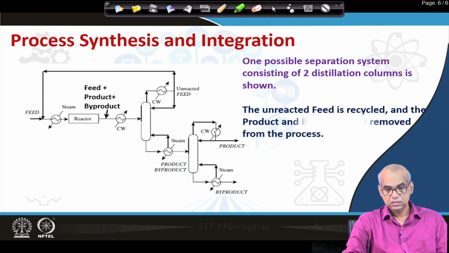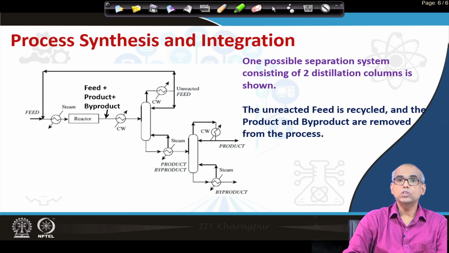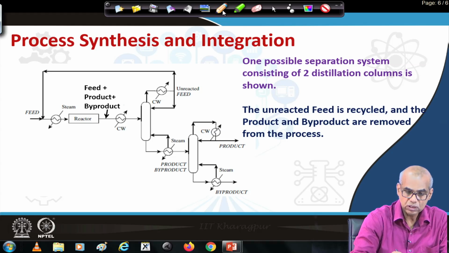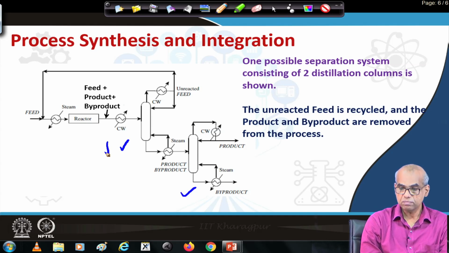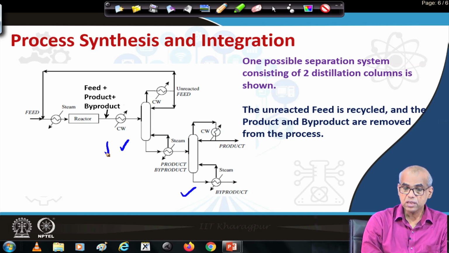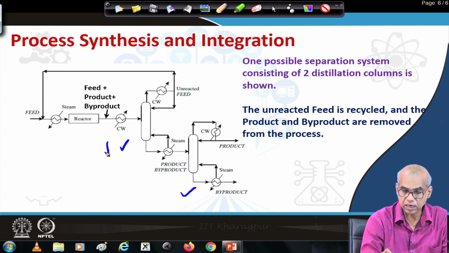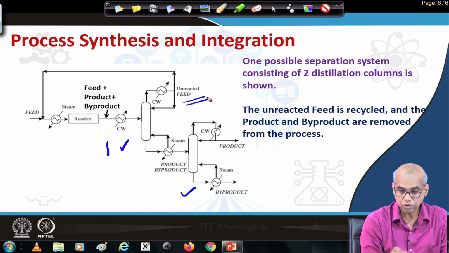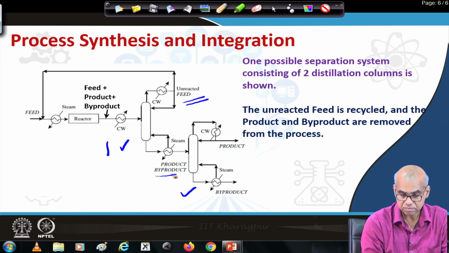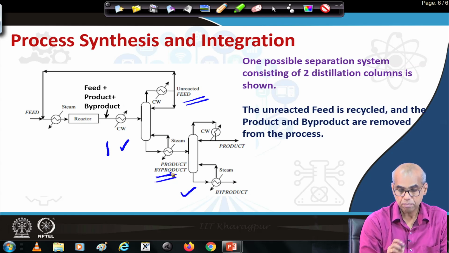The example that is shown here consists of two distillation columns. Look at the first distillation column. The first distillation column takes feed, product and byproduct mixture as feed, and from the top of the distillation column the unreacted feed is obtained, and from the bottom of the first distillation column a mixture of product and byproduct is obtained.